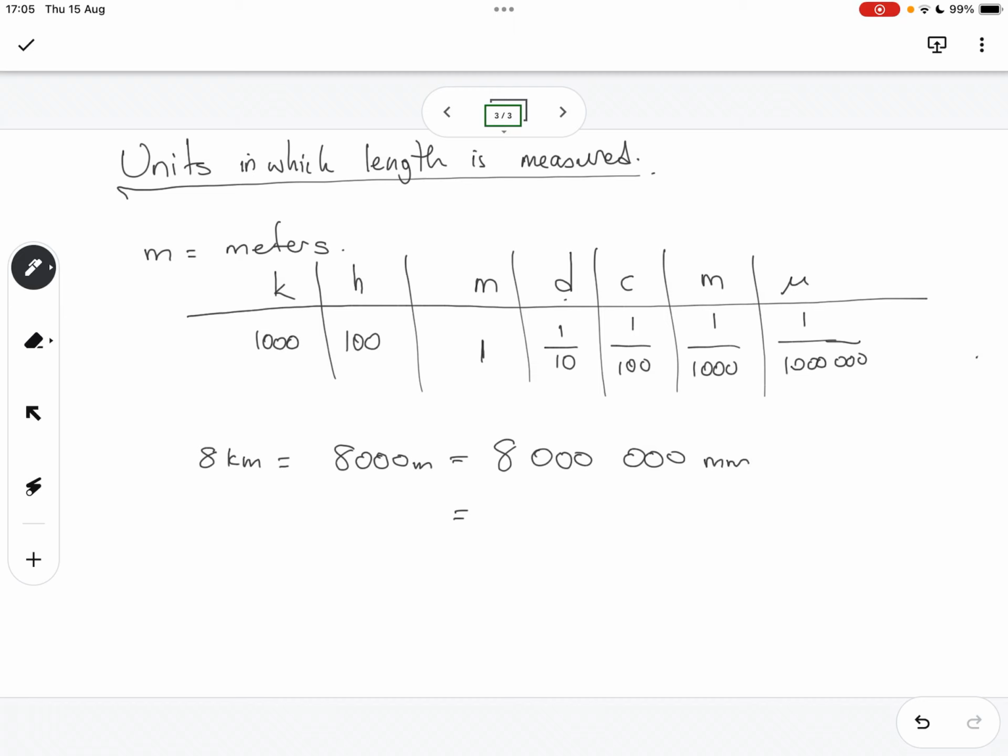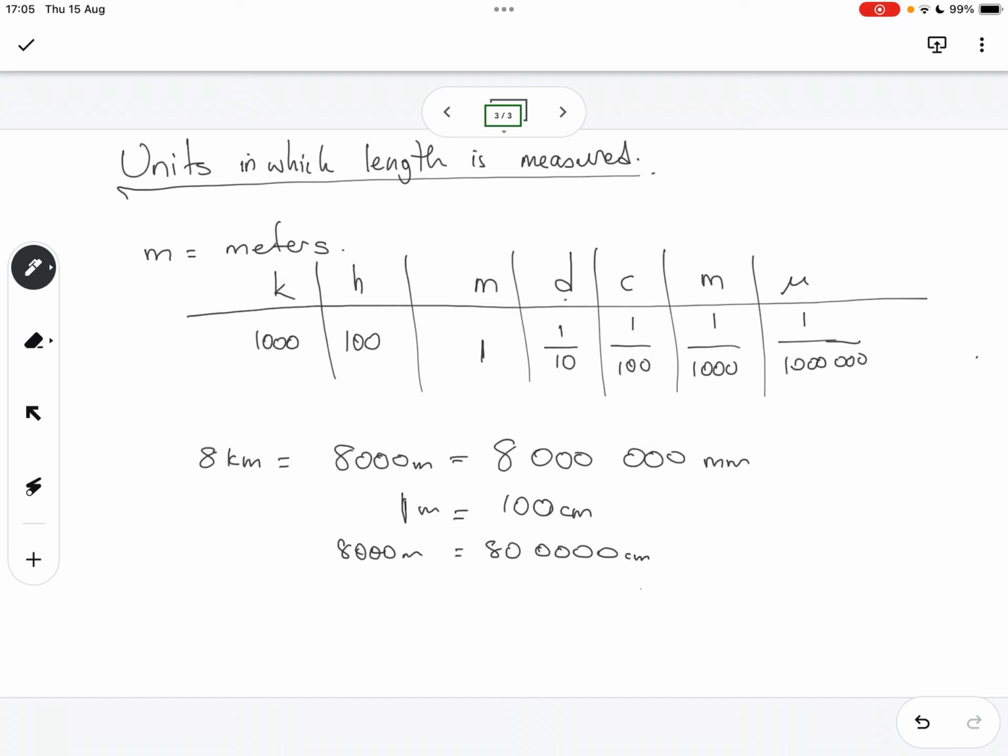And how much would that be in centimeters? If 1 meter is 100 centimeters, then 8,000 meters would be 8,000 times 100, which would be 800,000 centimeters.